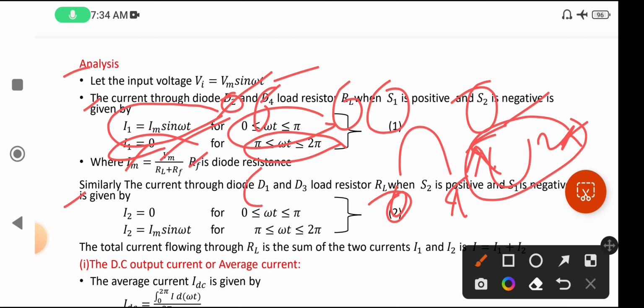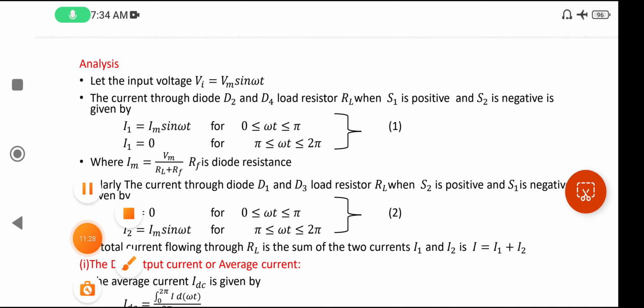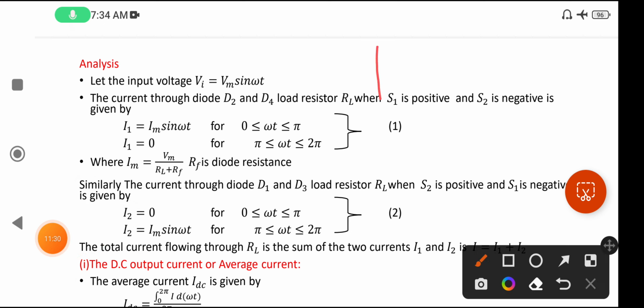Similarly, consider the current through diodes D1 and D3 and resistor RL, where S2 is positive now and S1 is negative. The waveform is like this. During the negative half cycle, we know these two work and these two do not work.